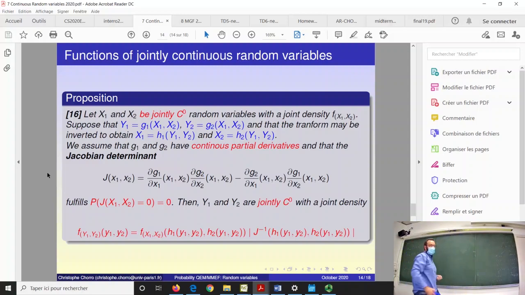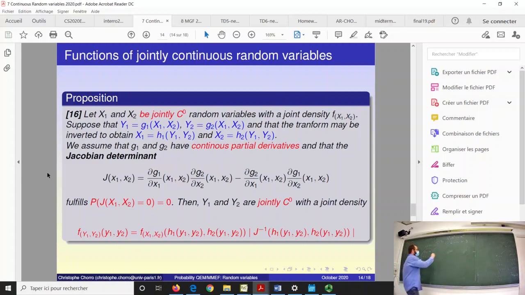Yeah, that's why I will write on it again, because it's the most important part of the exercise, in fact. If you have done this, after it's just to apply the proposition. So my first transform G1 associated to any X and Y is the sum, and I have said that it is from R plus star times R plus star into R plus star.